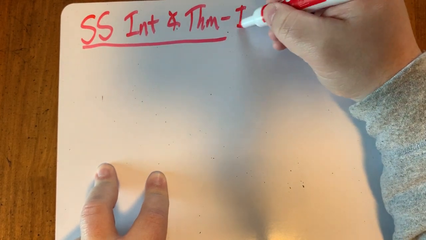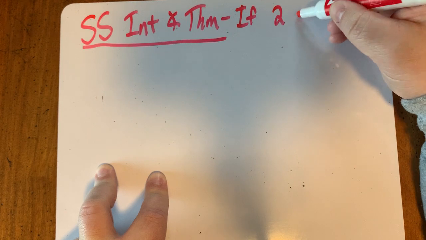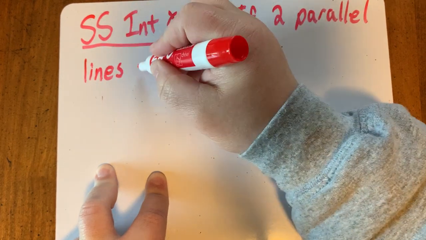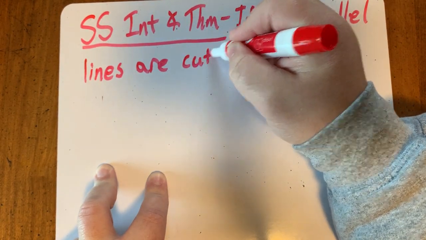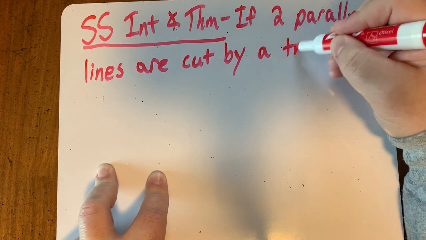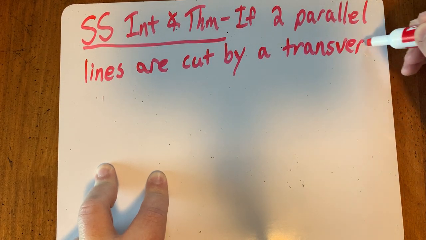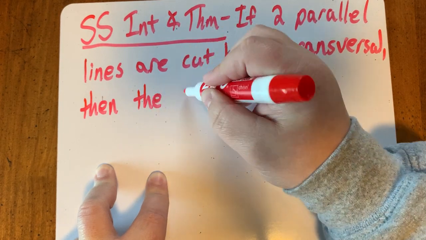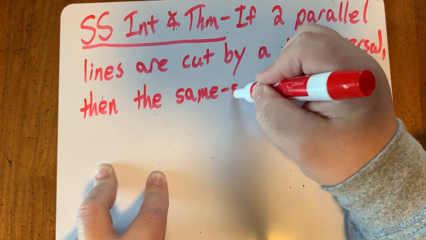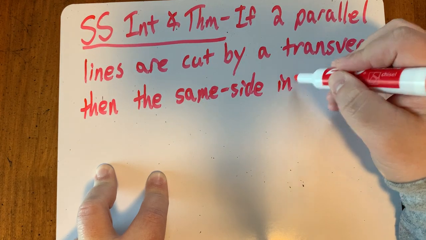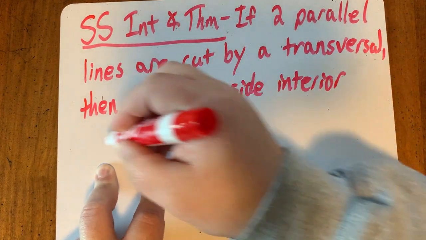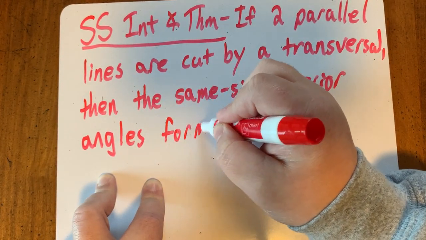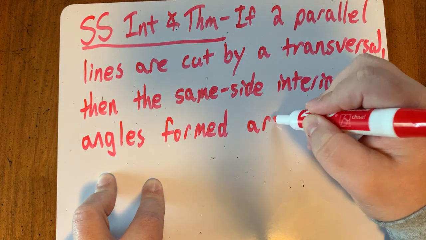So this says that if two parallel lines, again important that they're parallel, are cut by a transversal, then the same side interior angles formed are supplementary.